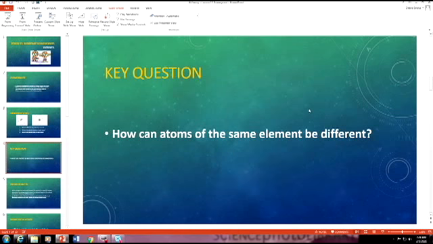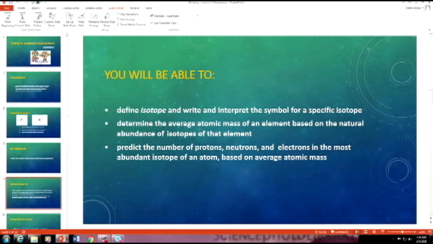So our question is, how can atoms of the same element be different? We just saw that the number one difference can be in their mass. By the end of this, you should be able to define an isotope and write and interpret the symbol for a specific isotope. You should determine the average atomic mass of an element based on the natural abundance of isotopes of that element.